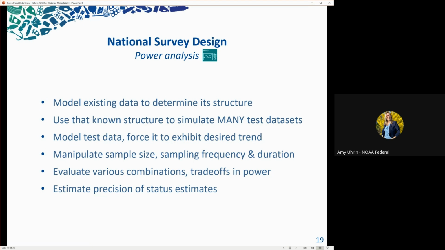What you can also do with the model is then systematically manipulate sample size, sampling frequency, sampling duration. You can manipulate those parameters in the model and see what happens in terms of our ability to detect that level of change that we have forced the data to have. So it's an iterative process of evaluating the trade-offs among all these various combinations. And there were a lot of them, and it takes a really long time.